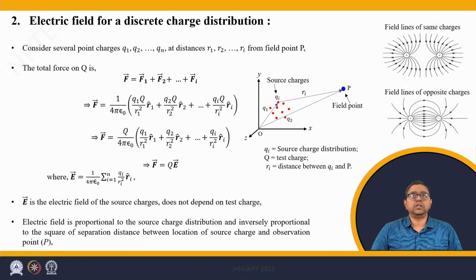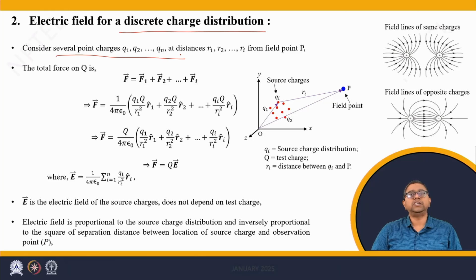Having understood Coulomb's law, now we move on to the electric field that is formed by a discrete charge distribution. By discrete charge distribution, we mean that the charges are point sources which are located at distinct locations without any connection between them.